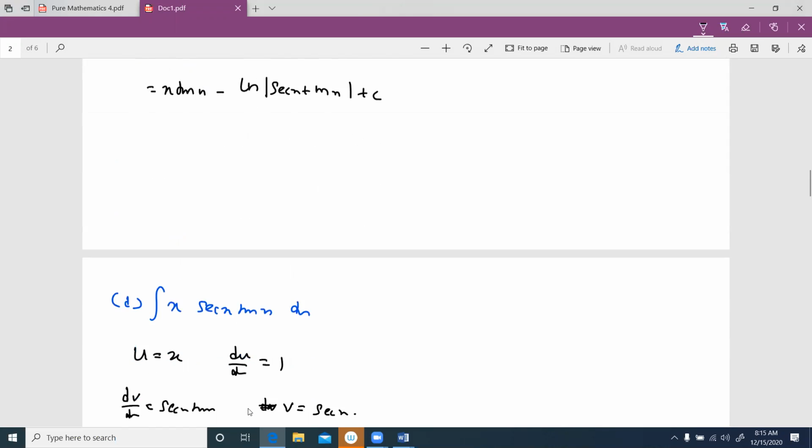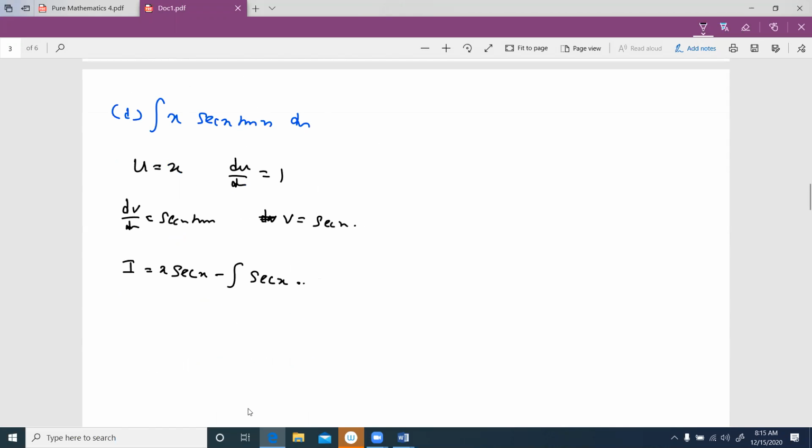Right. Okay, here. Then the integration of sec x into 1. The integration of sec x, how do you get it? It turns up to x sec x minus, what is this one?